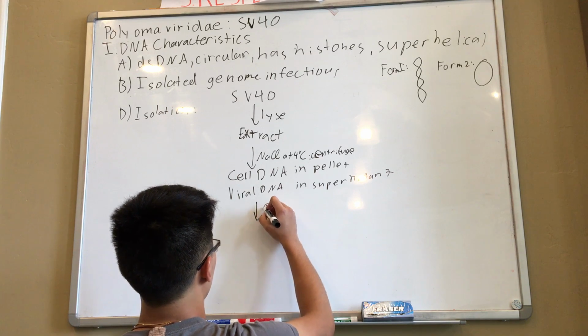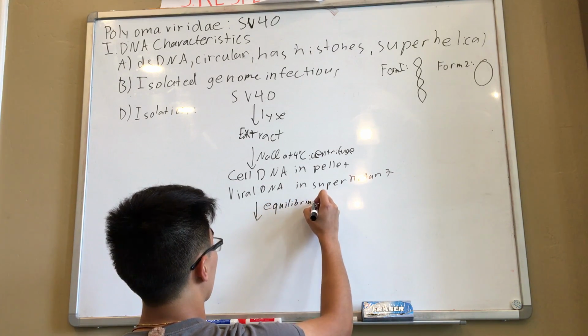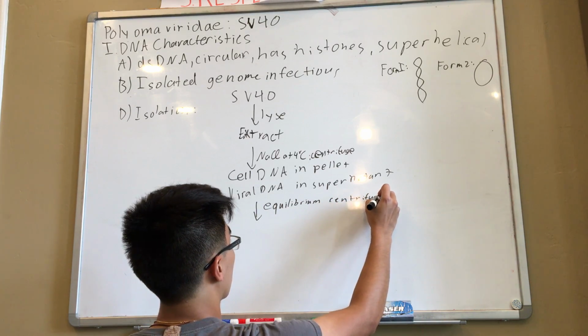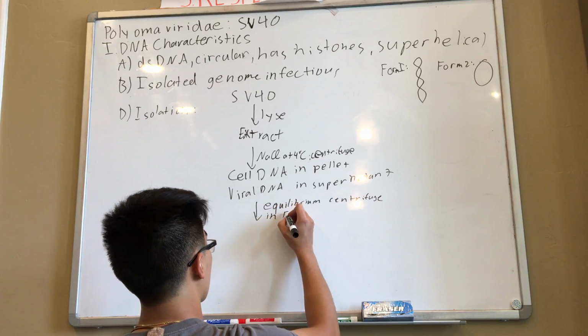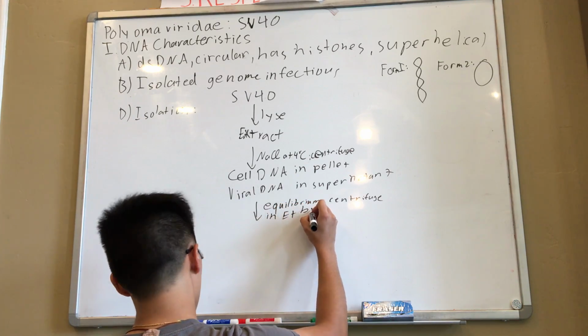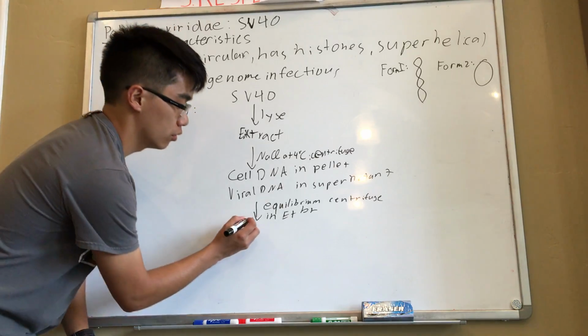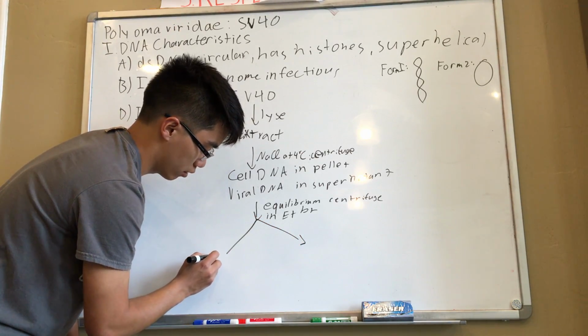And then you do equilibrium centrifugation in ethidium bromide. Now, when you do this, you can then isolate it according to form 1.